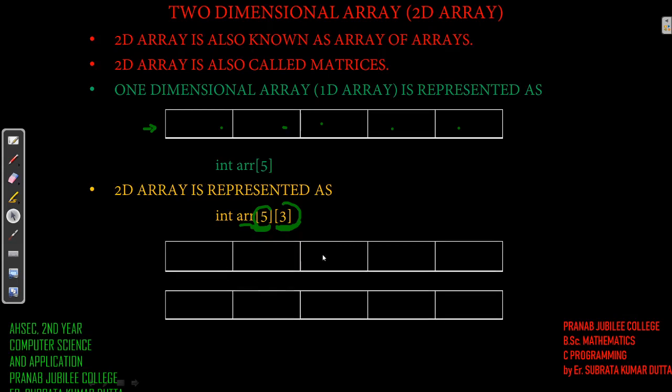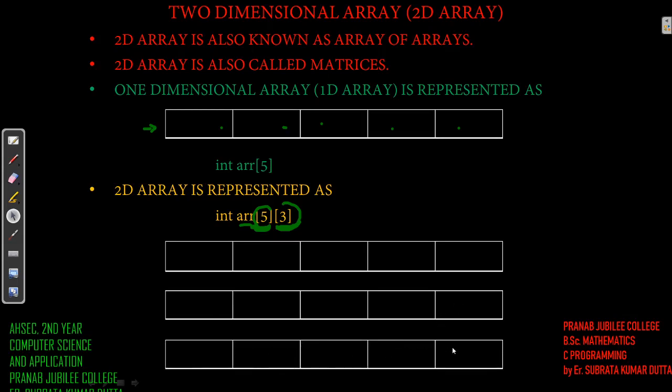One array will contain 5 elements, the second array 5 elements, and the third array 5 elements. So the first number represents the total number of arrays, and the second represents how many elements or blocks there will be per array. That is why it is called an array of arrays.